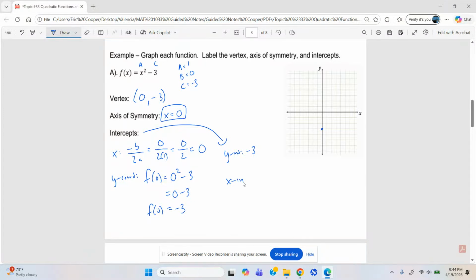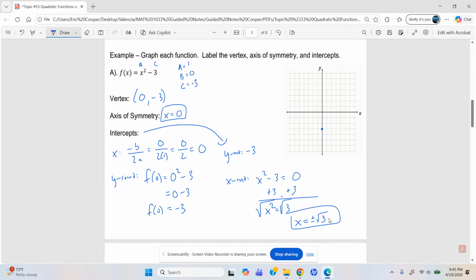For the x-intercept, we're going to take the entire function and set it equal to 0. And my job is to then solve for x. In this case, we can use the square root property. We can add 3 to both sides. We get x squared is equal to 3. And then we square root, and we get x is equal to plus or minus square root of 3.